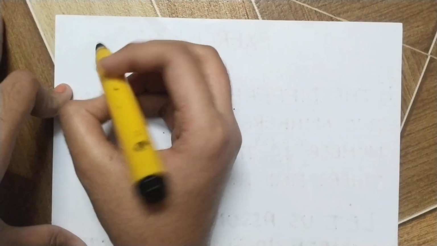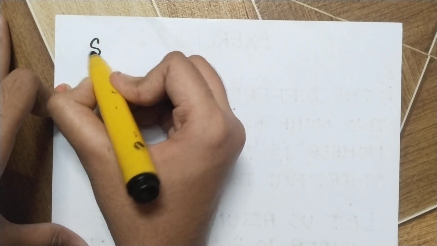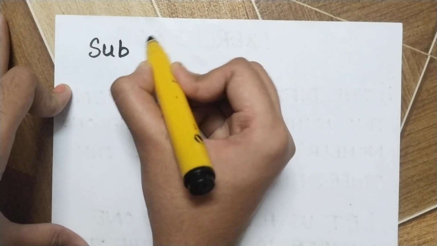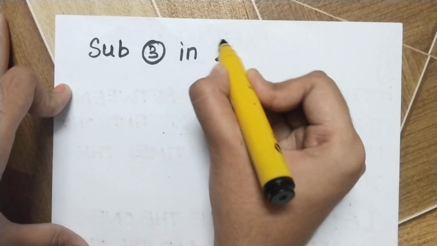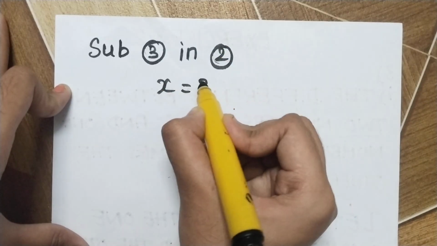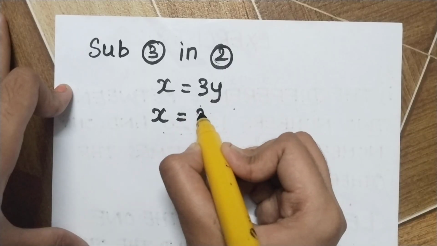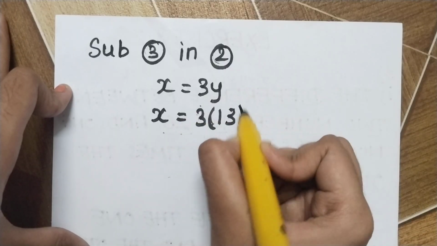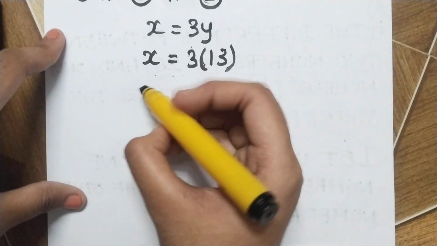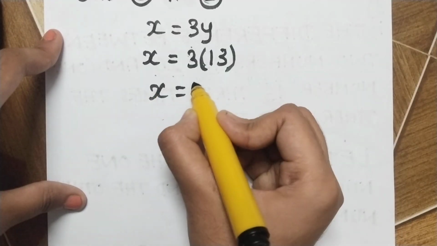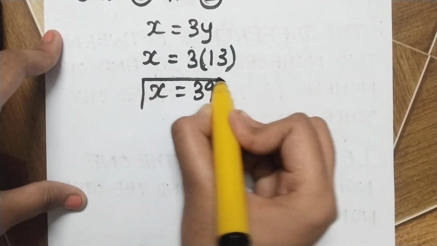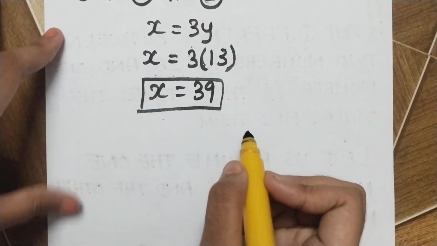Substitute 3 in 2. So x is equal to 3y is my second equation. So x is equal to 3 into 13, because we found the y value. So x is equal to 39 will be my answer, since 13 into 3 is 39.